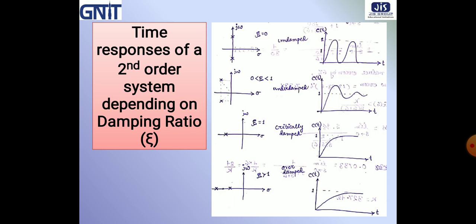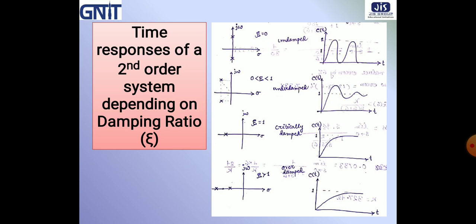That's why we can say if complex conjugate poles are present on the imaginary axis, then the response will be oscillatory in nature.